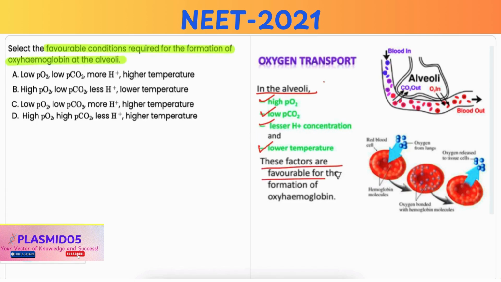Conversely, conditions conducive to oxygen dissociation from oxyhemoglobin at the tissue level entail low partial pressure of oxygen, high partial pressure of carbon dioxide, elevated levels of H plus, and increased temperature. Hence, the correct answer is option B.